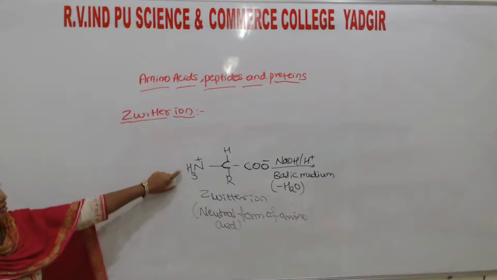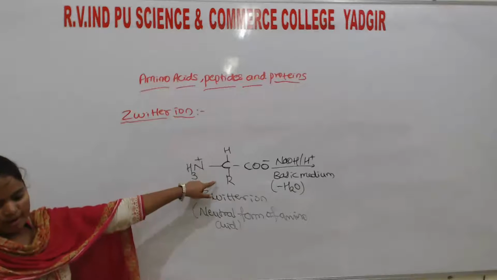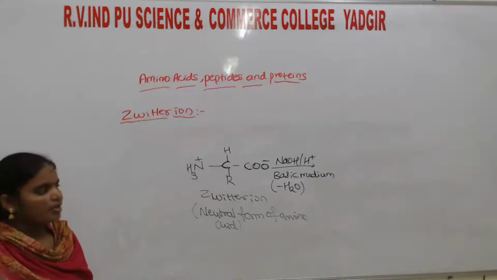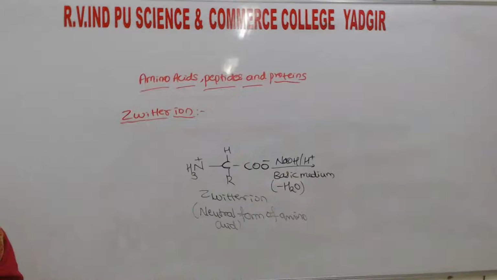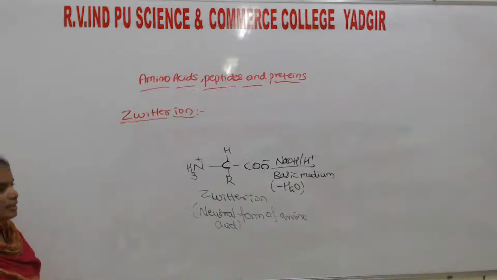It forms NH2, CH R and COO minus. A negatively charged anion is formed. The acidic form migrates towards the anode.